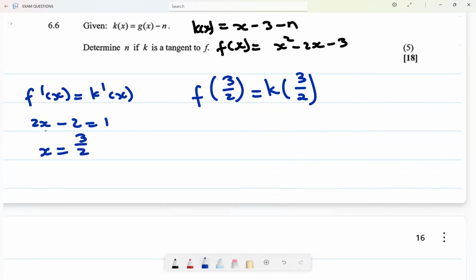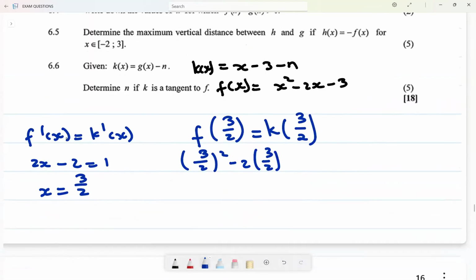So here I'm going to say it is 3 divided by 2 squared minus 2 into 3 divided by 2, minus 3. I'm substituting into the original equation of f. It is equal to k of x, which is 3 divided by 2 minus 3 minus n.